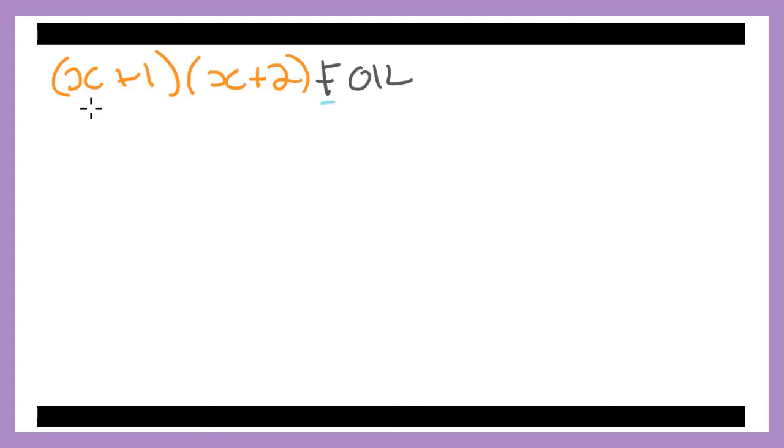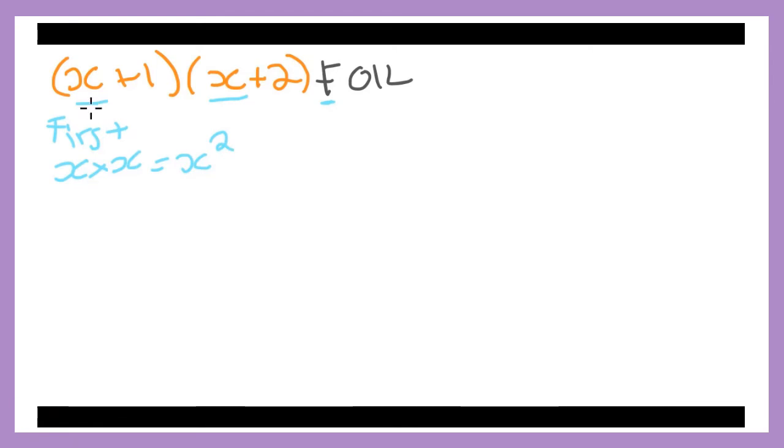So this F here means the first terms. So the first terms, I'm going to write first, nice and neat there. X times X. So that is my first term.